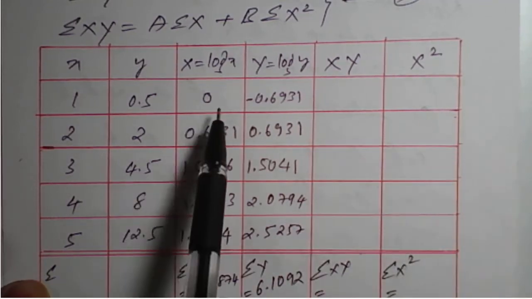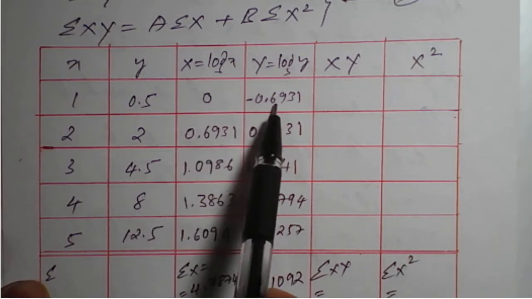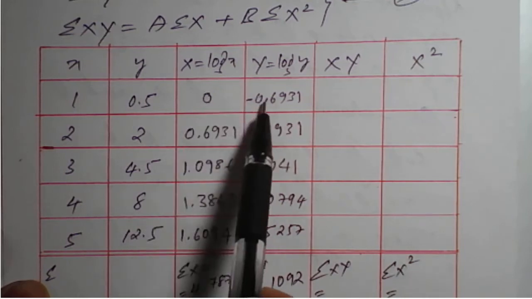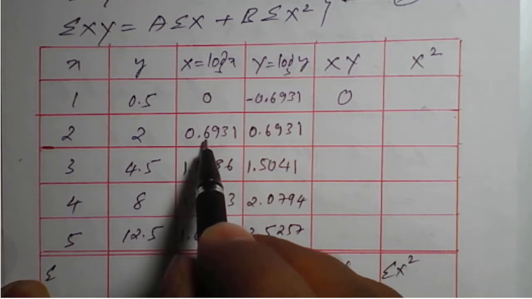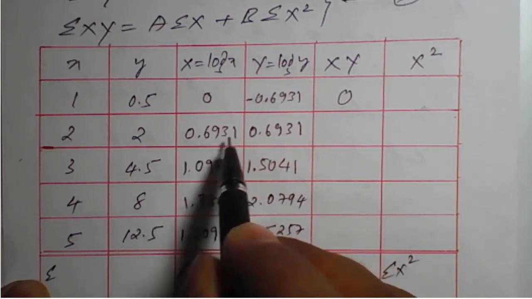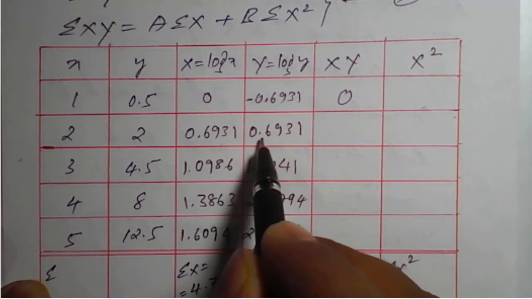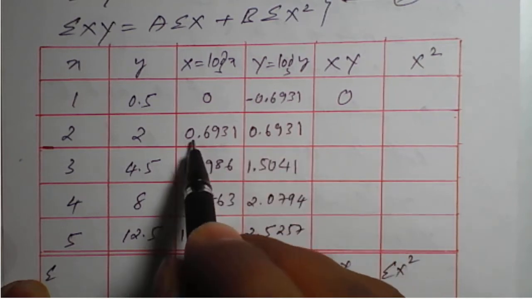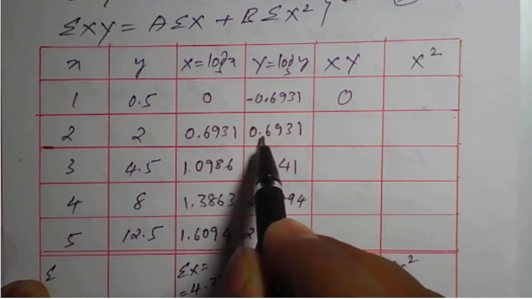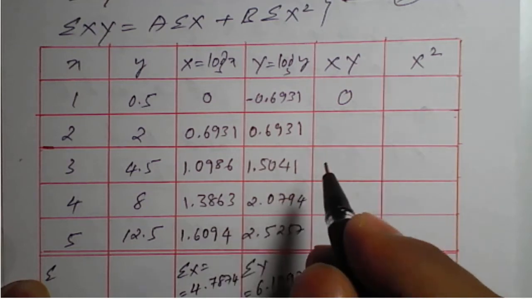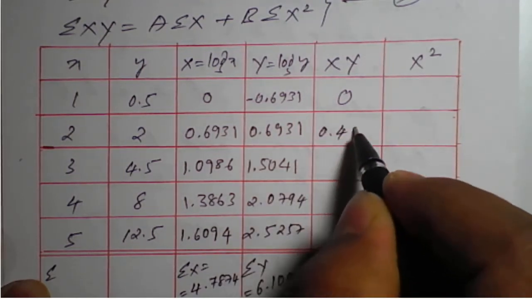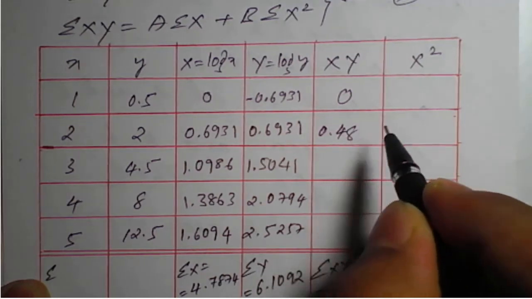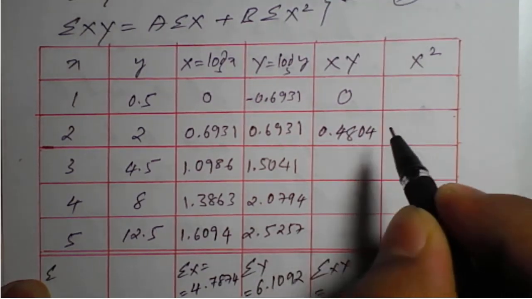Next we need to multiply capital X into capital Y. So 0 into the minus value will be 0 itself. Then 0.6931 into 0.6931 will become 0.4804.